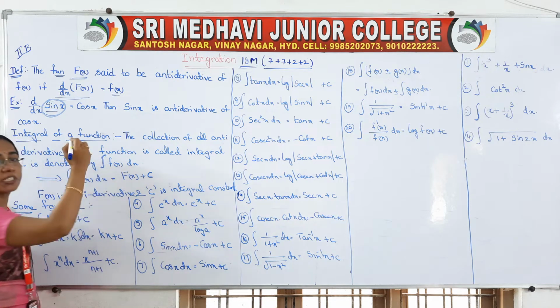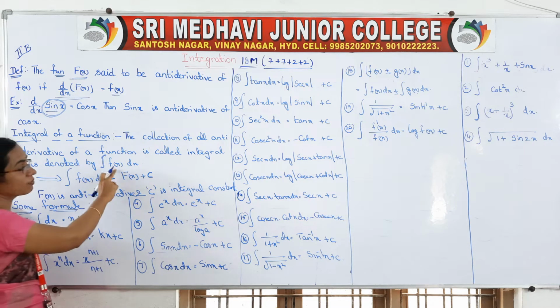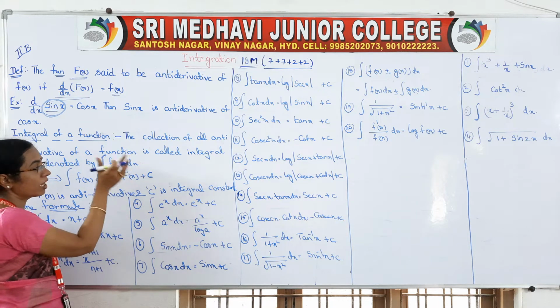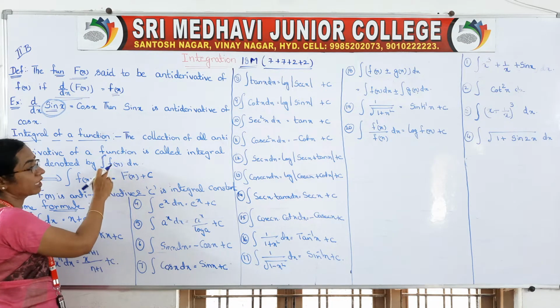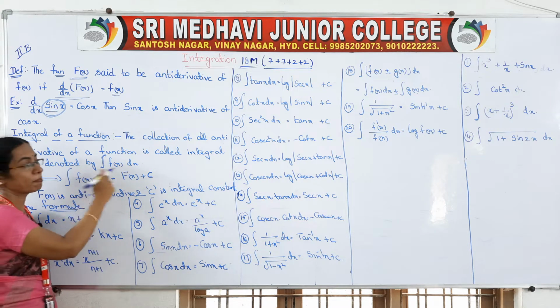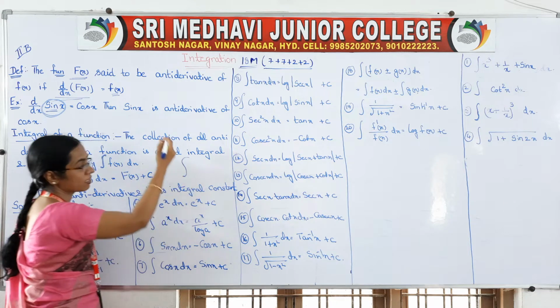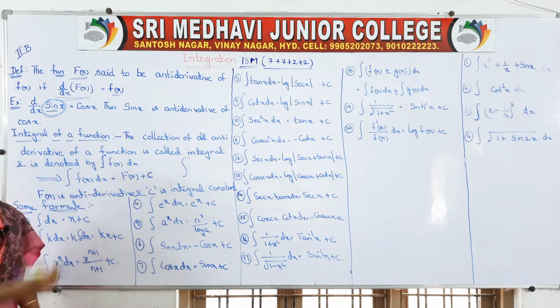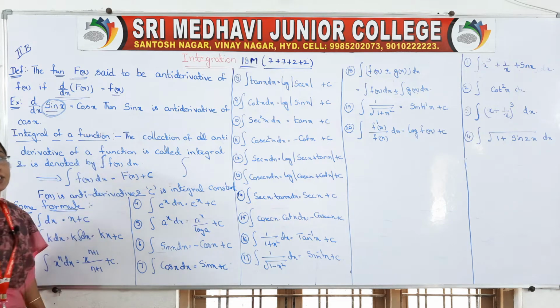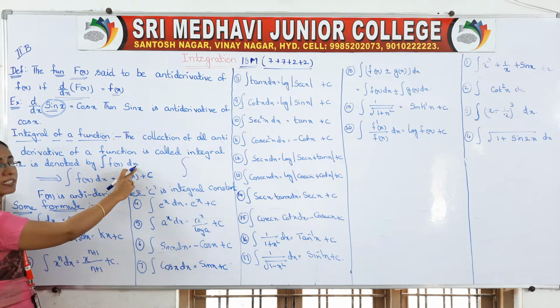This symbol represents the integration of this function with respect to x. For each and every function, if we want to find the integral, we have to take this symbol. Just squeeze and stretch your s. Right girls, this is the symbol for integration: integral of f of x dx.